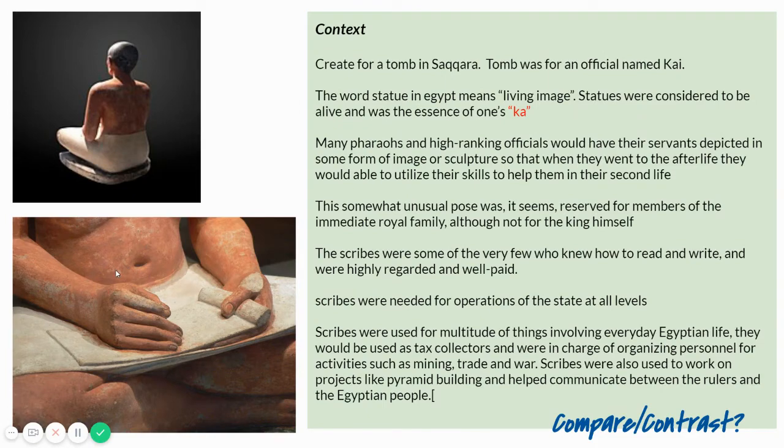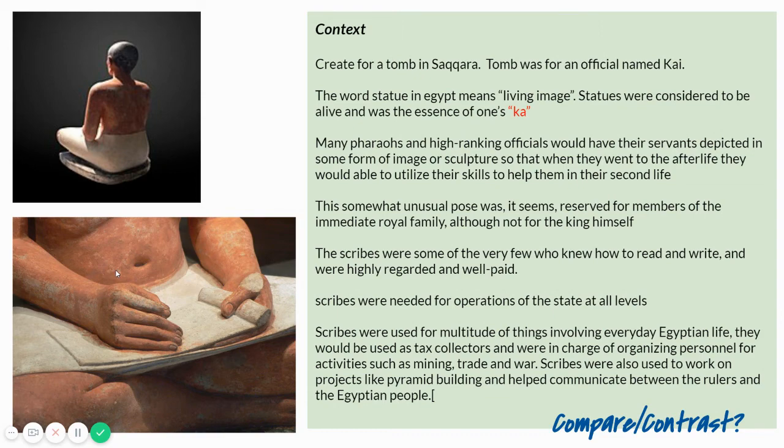All right, so in terms of context, what were the beliefs of the Egyptians that caused them to create this funerary object? He was created specifically for a tomb in Saqqara, and the tomb was for an important official that we know named Kai. The word statue in Egypt literally translates to mean living image.